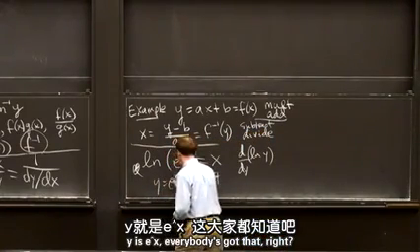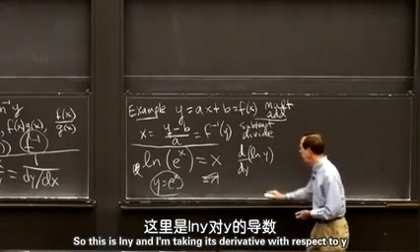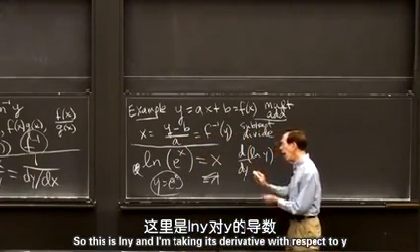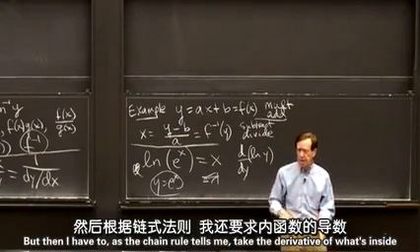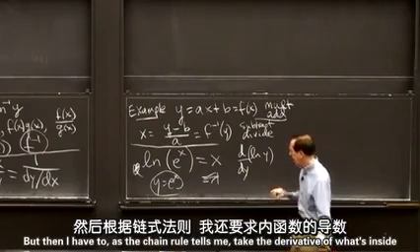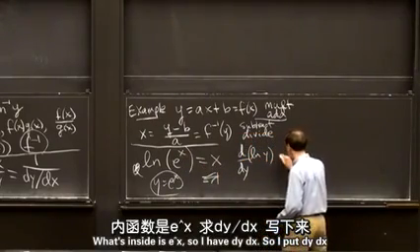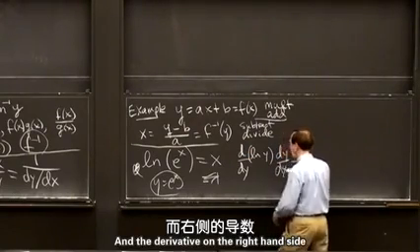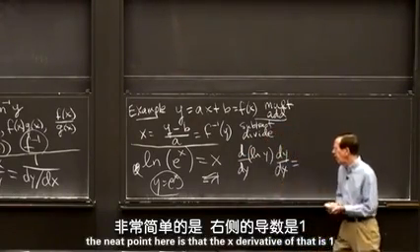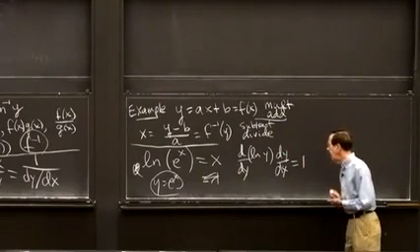Everybody's got that, right? So this is log y, and I'm taking its derivative with respect to y. But then I have to, as the chain rule tells me, take the derivative of what's inside. What's inside is e to the x, so I have dy dx. And the derivative on the right-hand side, the neat point here is that the x derivative of that is 1.